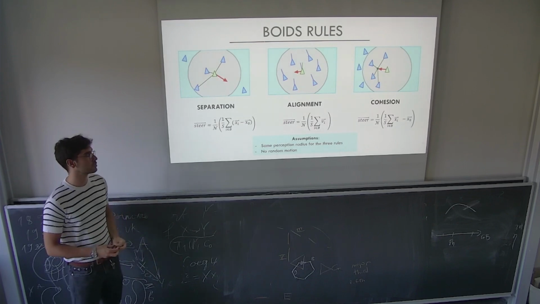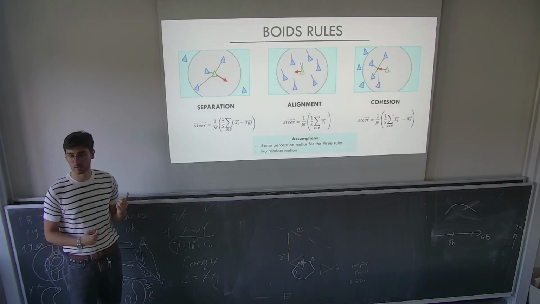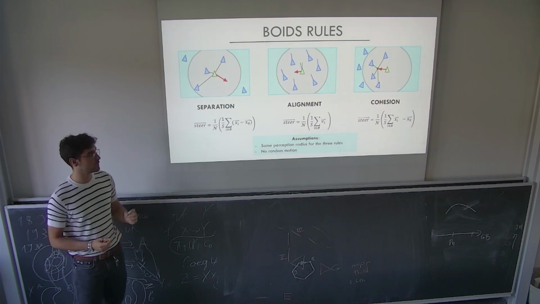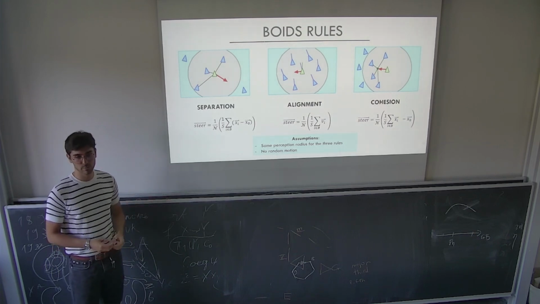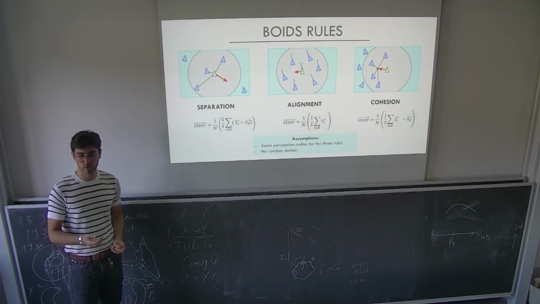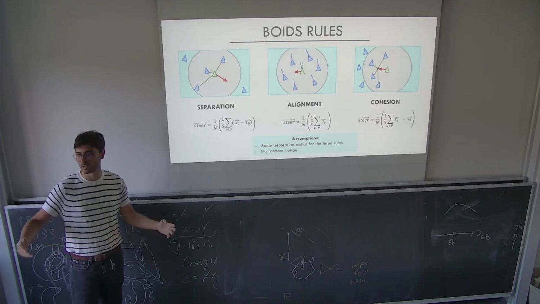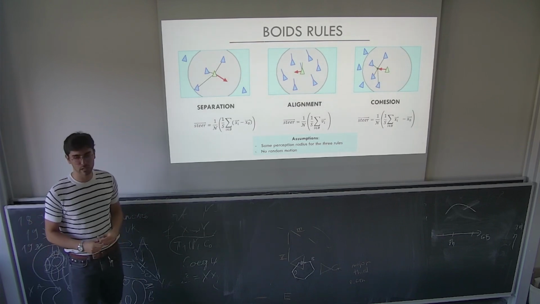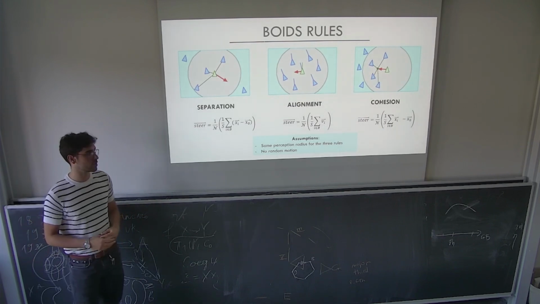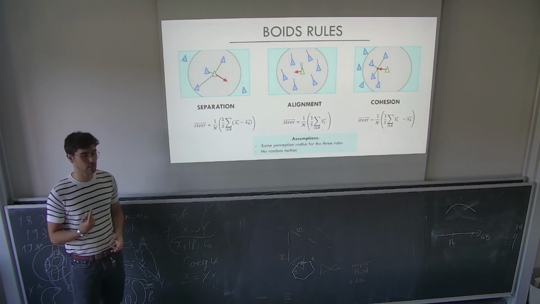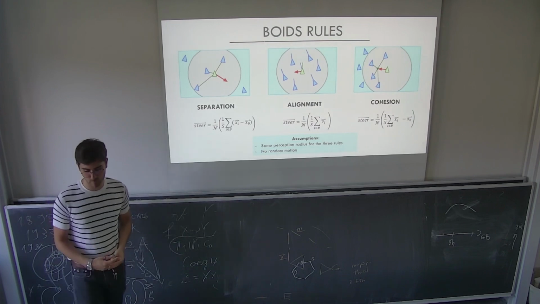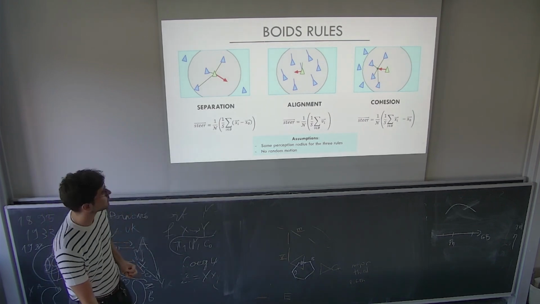It's common practice to take a separation radius that is slightly lower than the alignment or the cohesion one, which is biologically coherent to the fact that birds in a flock tend to steer away from close enough Boids, while they tend to align and move forward, like following farther away Boids. I chose to limit the number of parameters in my simulation, so in the one that I will show, I use just one perception radius, but of course the code can be easily changed.